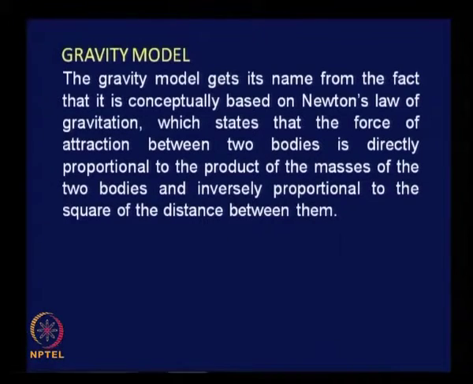The gravity model gets its name from the fact that it is conceptually based on Newton's law of gravitation, which states that the force of attraction between two bodies in space in general is directly proportional to the product of the masses of the two bodies and inversely proportional to the square of the distance between them. This is the very well known Newton's law of gravitation.